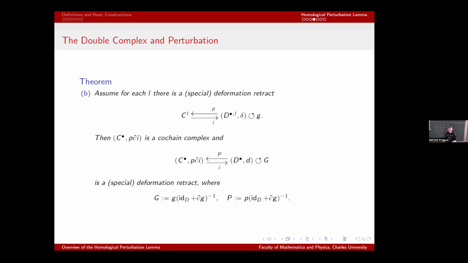And there is also a symmetric version for columns.